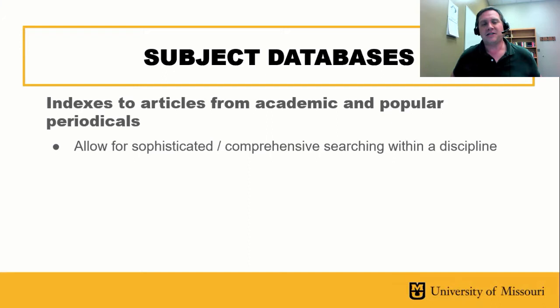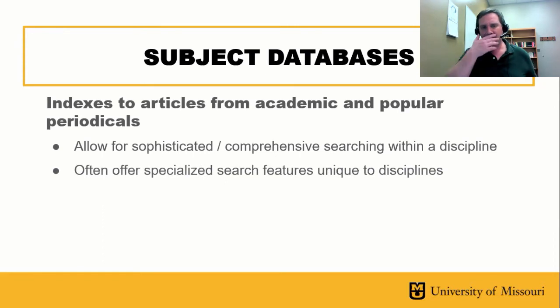So by using a database, it allows for sophisticated or comprehensive searching within a specific discipline. And because of that, they often offer specialized features in the search that are unique to those disciplines. The one that I always think of is when you use our psychology databases, typically you have the option to filter and refine your searches by the research methods that are employed and described in an article.